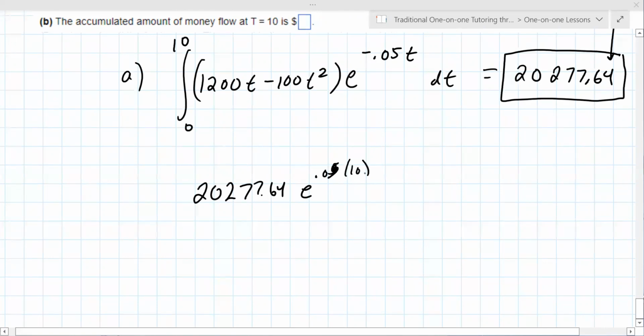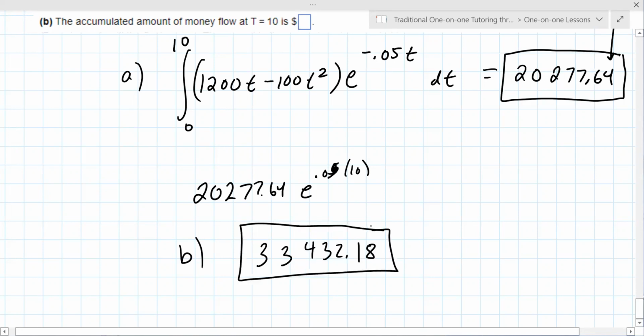Okay. Times exponential. So this becomes 33,432.18. This is part B now. All right. Jeez.